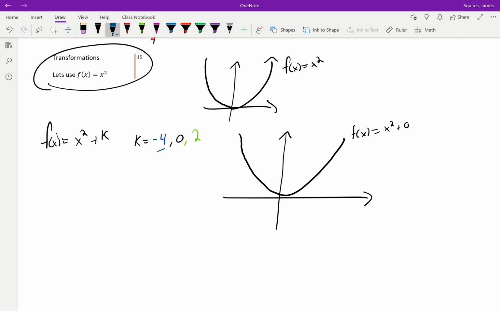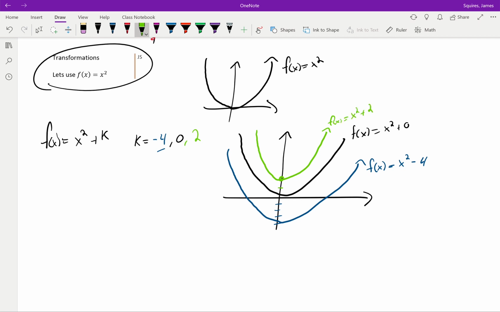So if we go 4 units down, 1, 2, 3, 4, all we're doing is a vertical shift downwards of 4 units. So this is f of x equals x squared minus 4. And then if we want to do plus 2, all we have to do is shift the original black line up 2 units. So this would be f of x equals x squared plus 2.